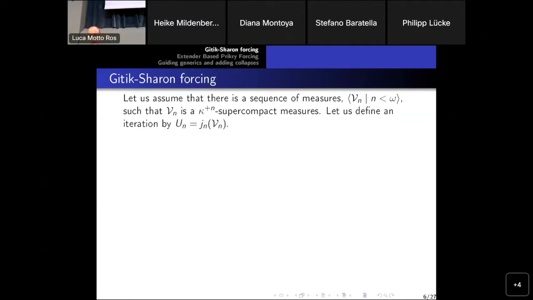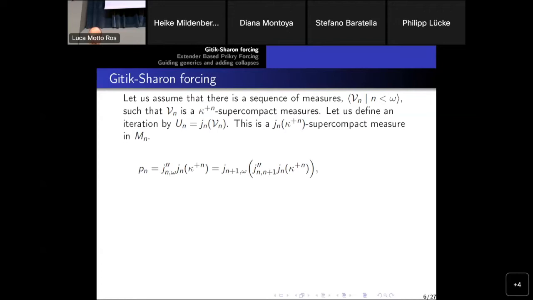Then we have some j1, we hit j1 of U1, which is U1, and so on. So at the end point of the iteration, we are going to hit jn of Un, which is a jn of kappa plus n supercompact measure in the model.